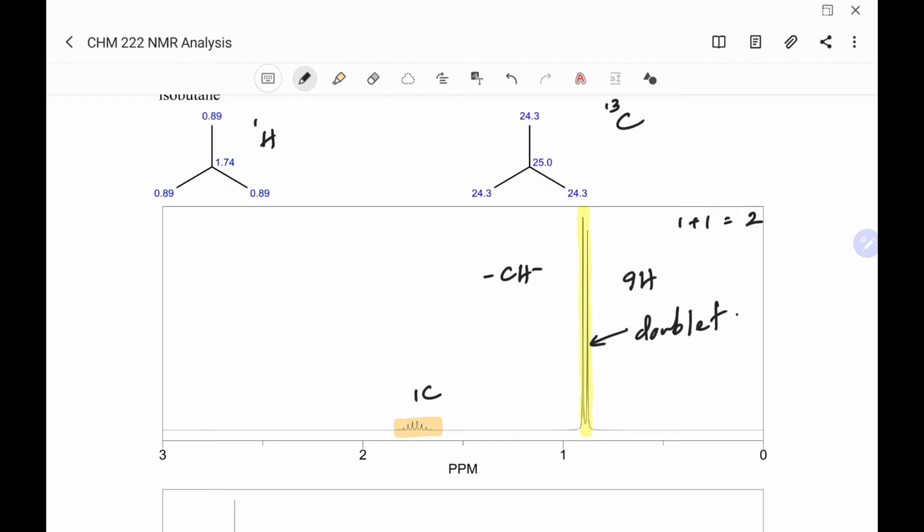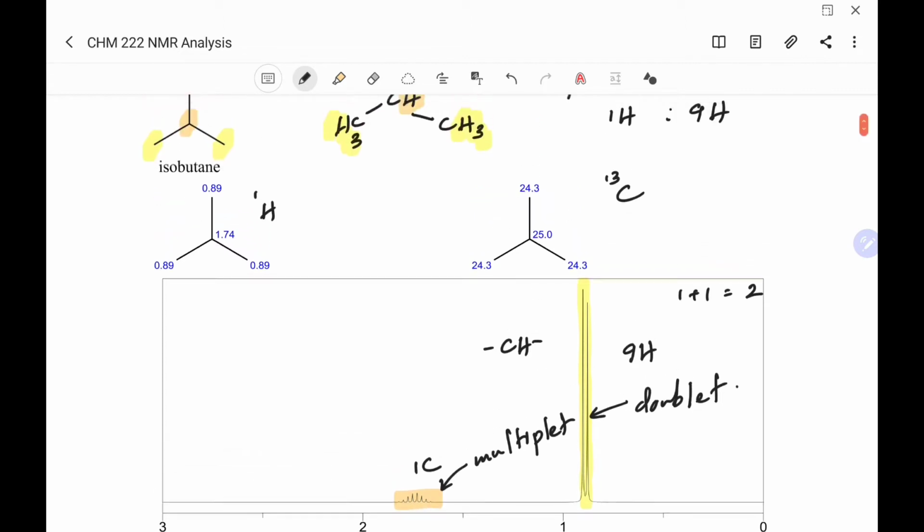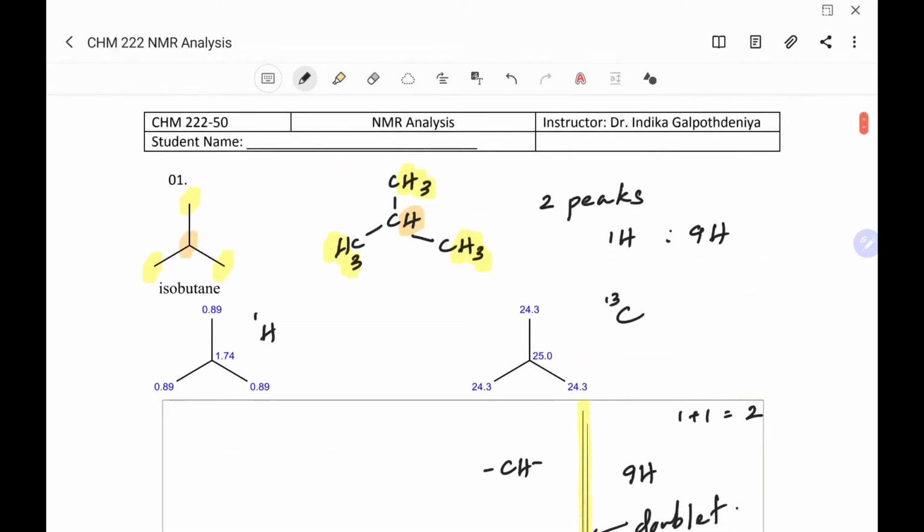Because we can never see 10 sub peaks for this hydrogen. So you are expecting a multiplet for this 1 carbon. All right, so that is the analysis for the isobutane.